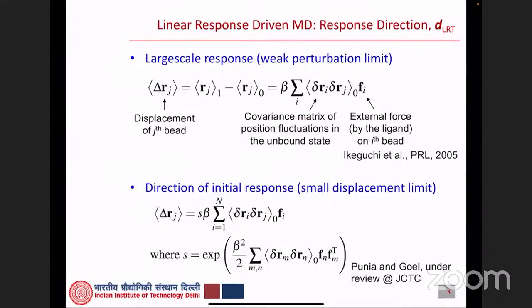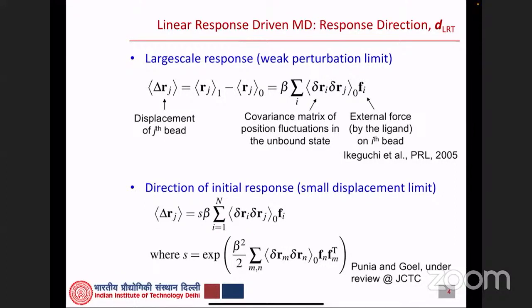The second input to this answer comes from the covariance matrix of protein fluctuations calculated in the unbound state. We show that if you're only interested in the direction of initial response, that means going to the small displacement limit, then this force F can in fact be a strong perturbation, as long as you limit the size of the displacement.